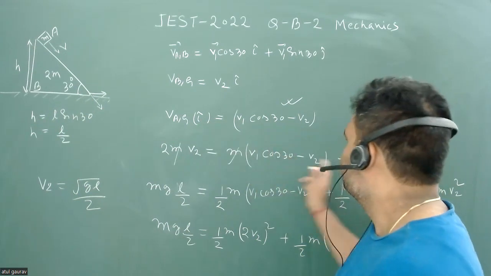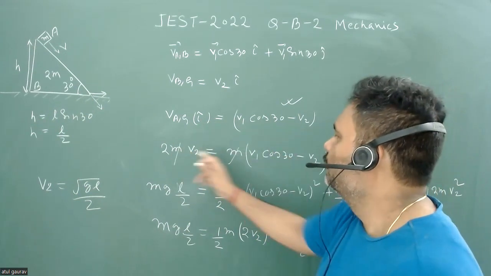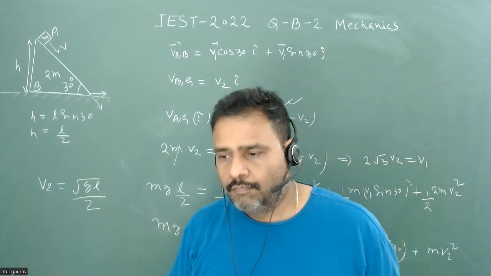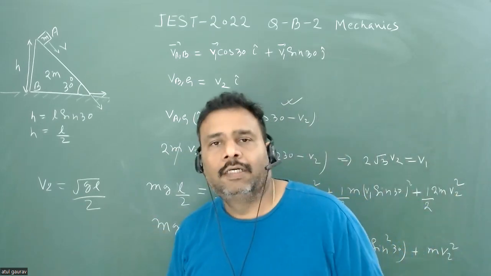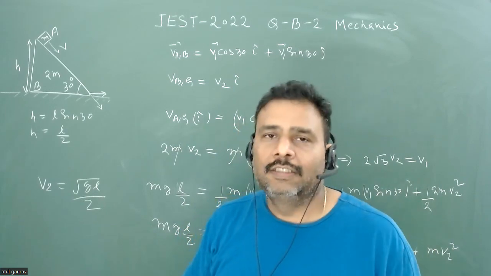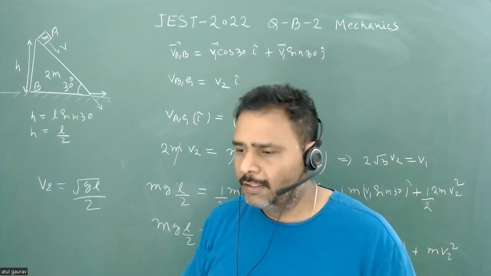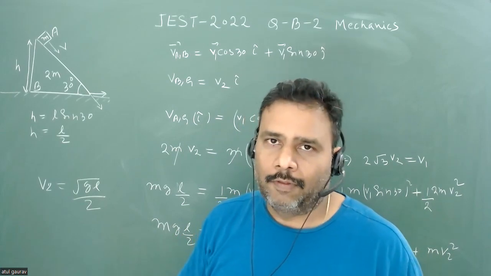And this is nothing but conservation of momentum along the x-axis. Use the concept of center of mass, conservation of momentum as well as conservation of energy, and you can easily solve this type of problem. Thank you.